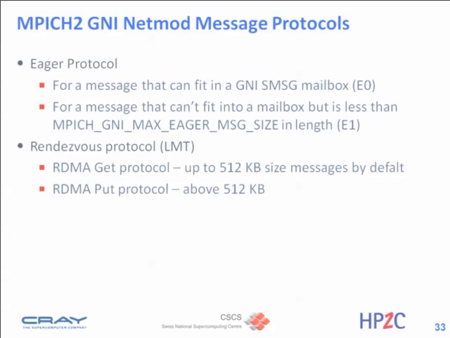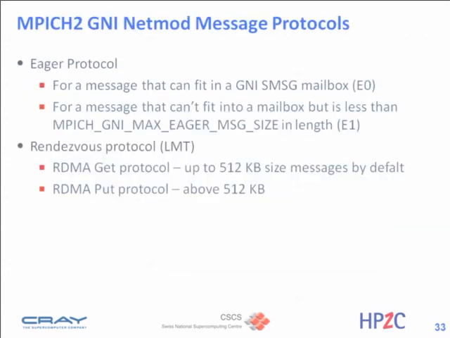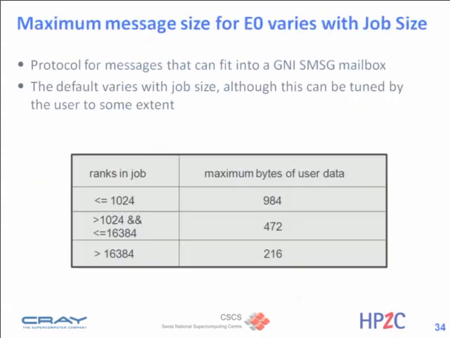I described this morning the different protocols that are available in the MPICH communication. And you have variables that you can use to control what this means. So for example, you use the E0 protocol if the message fits in the mailbox, and the size of the mailbox depends on how many MPI ranks you have in your job.